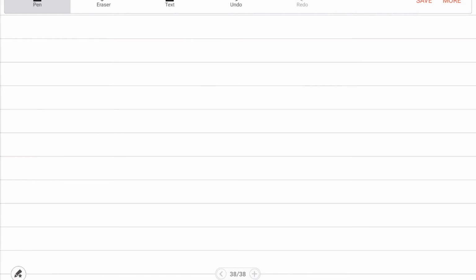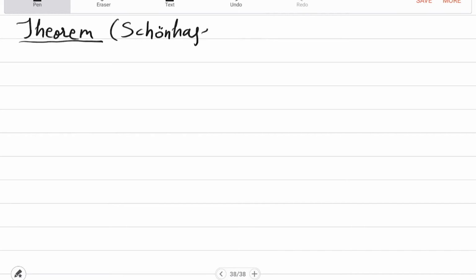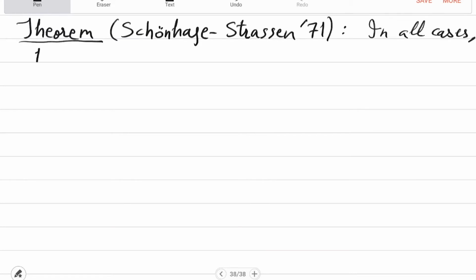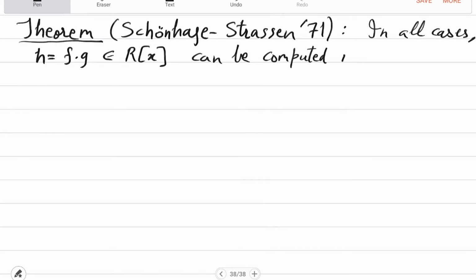So this finishes our major theorem that Schönhage and Strassen showed in 1971, that in all cases h equal to f times g in the polynomial ring R[x] over R can be computed in order L times log L times log log L R operations.